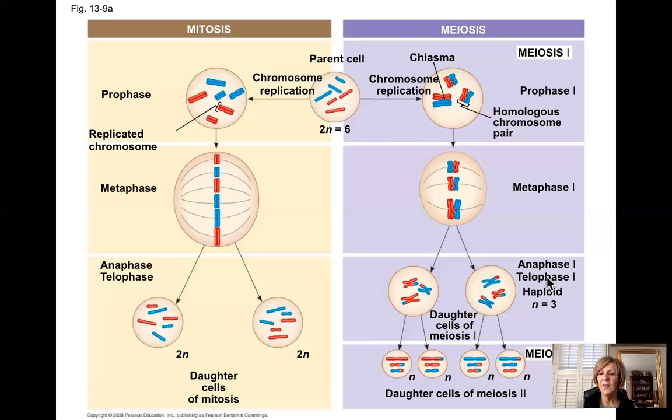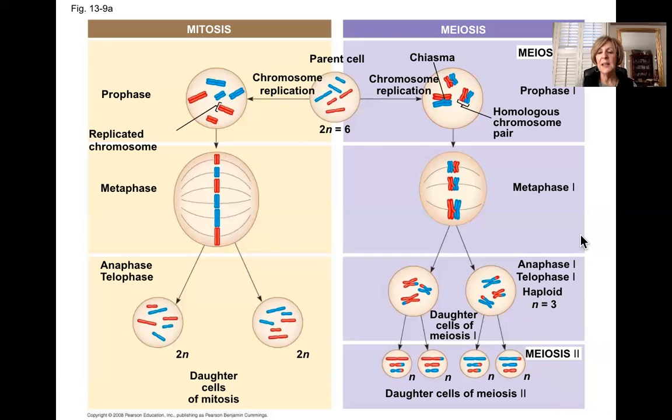And then I have anaphase and telophase, where I get the haploid condition, right? I have 1, 2, 3, but they're double chromosomes. And then I have a whole other stage of meiosis, which is going to be just like mitosis.